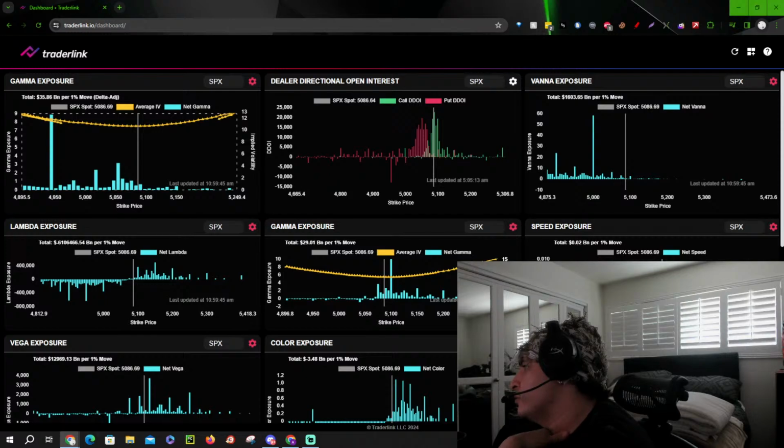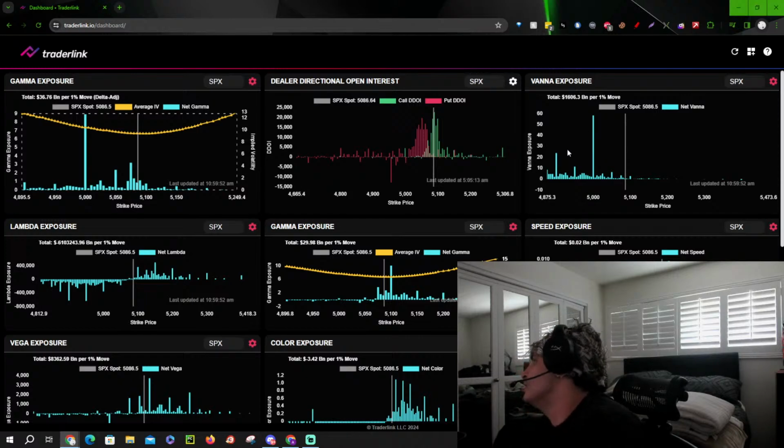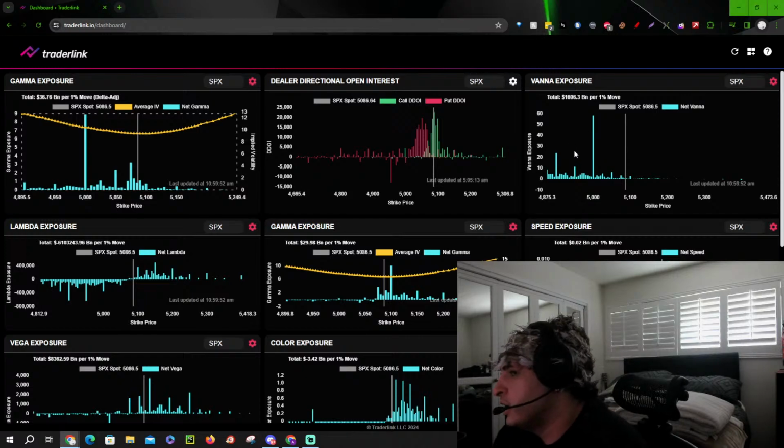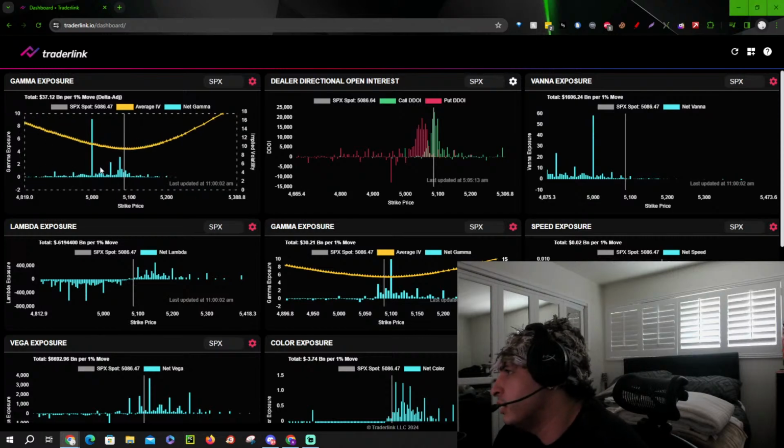Right now I'm looking at the fact that charm exposure is exceedingly high in the negative space. Vanna exposure is exceedingly high in the positive. Off that, it makes me think bullish, but the gamma exposure is making me think vice versa, not so bullish. So what that tells me is to not take a position yet.